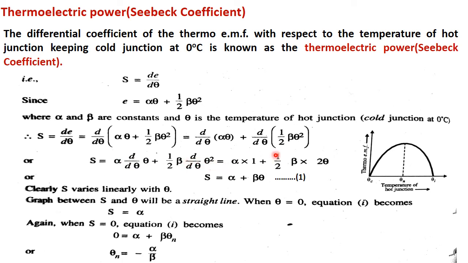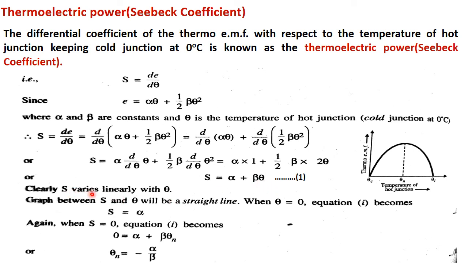You know how to differentiate this equation, so finally we get α plus ½β times 2θ. The 2 and 2 get cancelled out, and finally we are left with S = α + βθ. You can see that this equation resembles the equation of a straight line, y = mx + c.